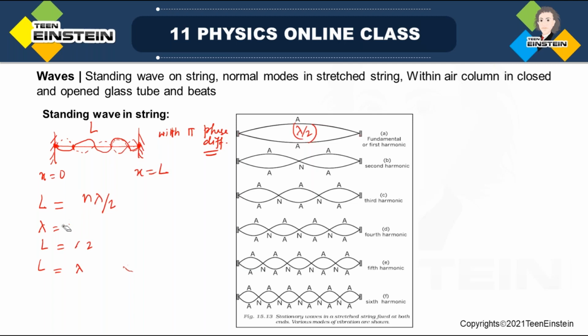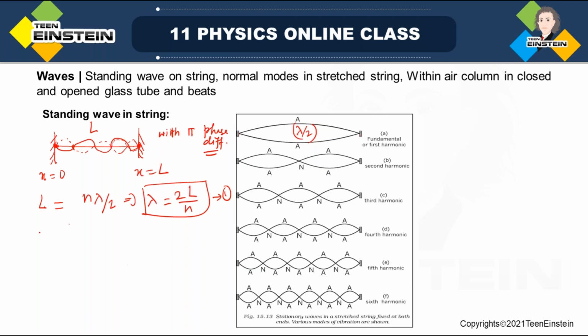We have got L is equal to n lambda by 2, and we can find out lambda in terms of L. So lambda will be 2L by n. This is equation number 1.